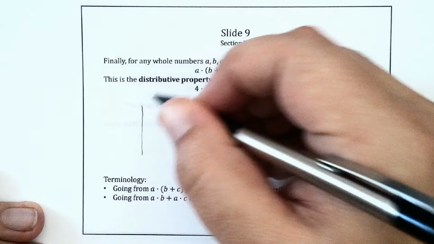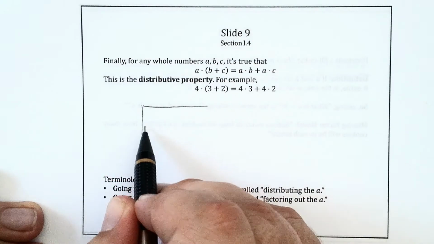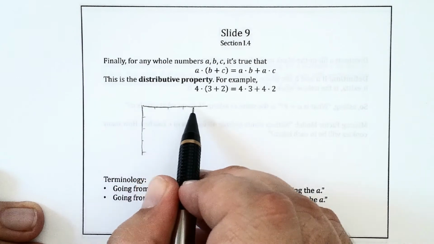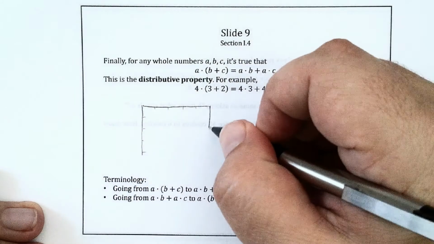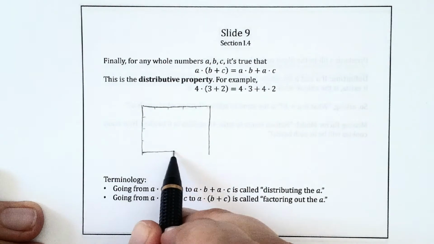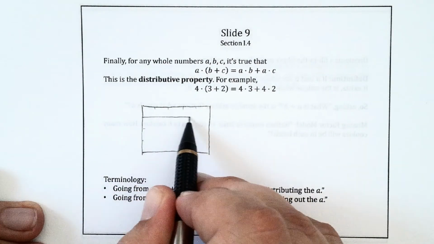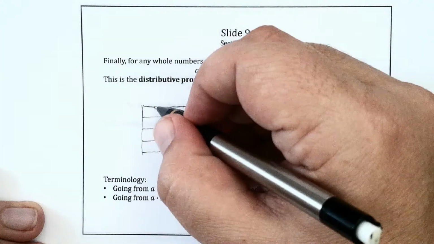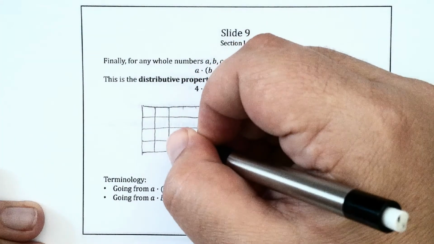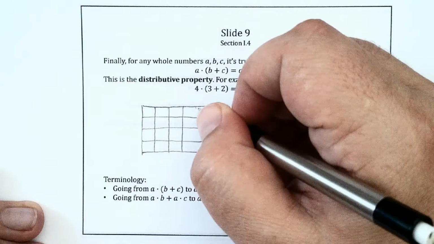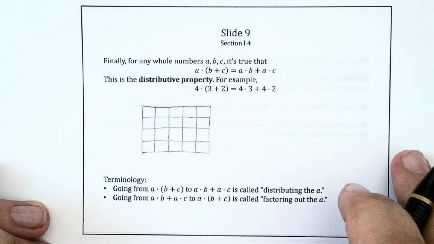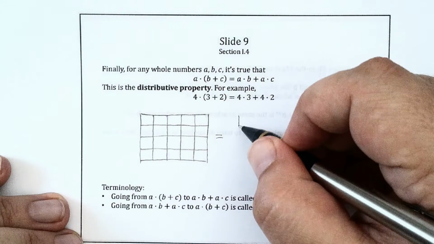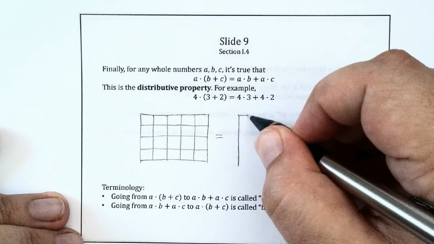Let me draw a 4 by 5 rectangle on one side. Okay, but we can break that up into 4 times 2 and 4 times 3.